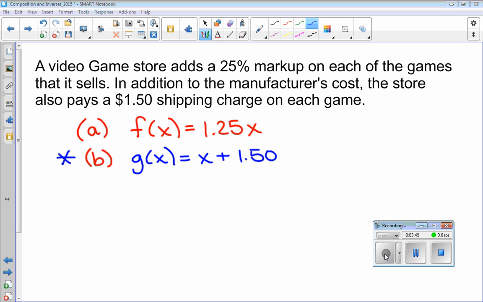That was my mistake, okay? So it's just the shipping charge is one, and the markup is the other. So would you please go back and fix C and D when you do your f of g of x and your g of f of x using these functions?